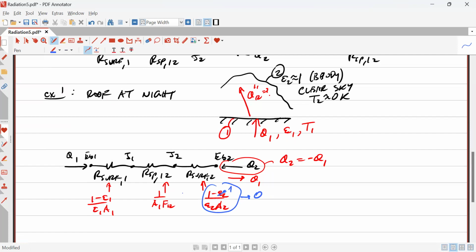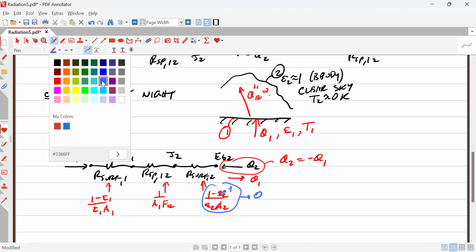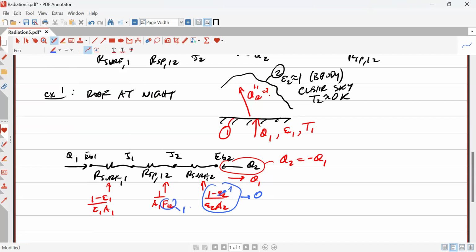That's fine enough. And then F1, 2, just by observation, all the heat that's leaving surface 1 has to hit surface 2 because surface 1 is flat. Surface 2 covers over surface 1. So here we have a value of 1 for this. So the whole thing altogether is equal to 1 over A1.